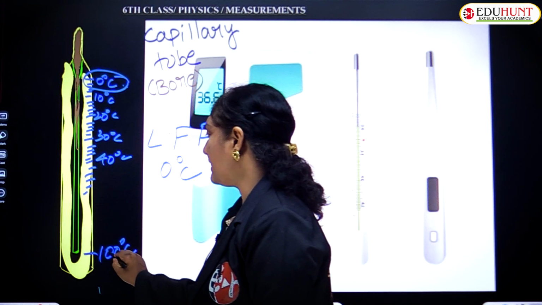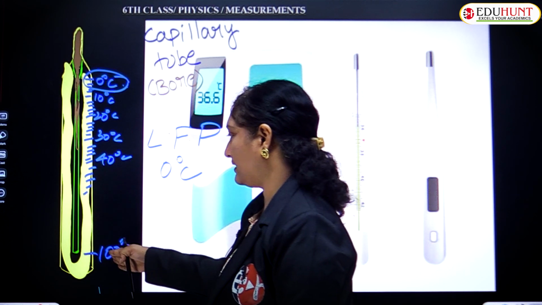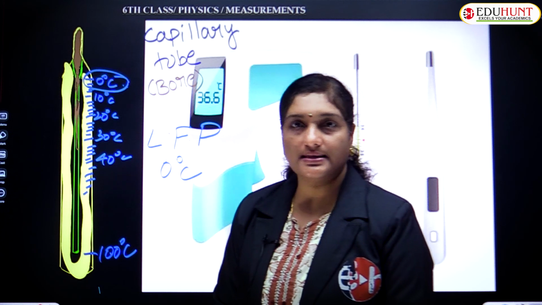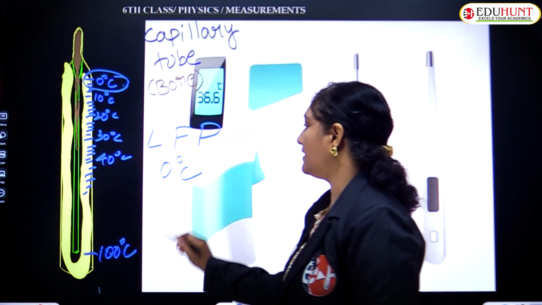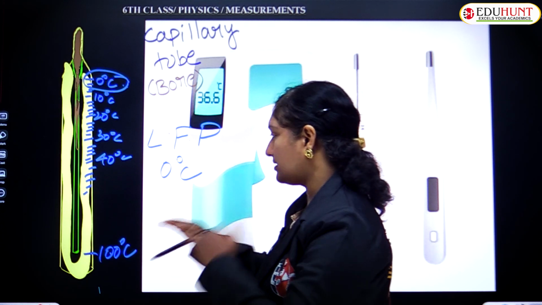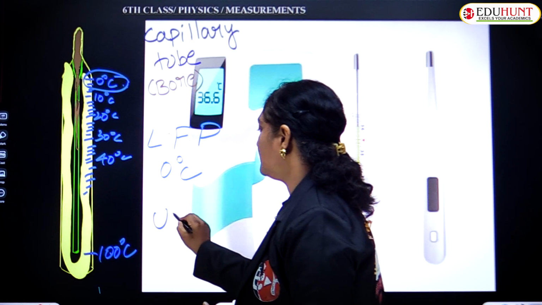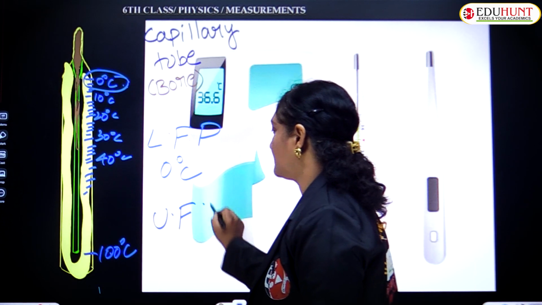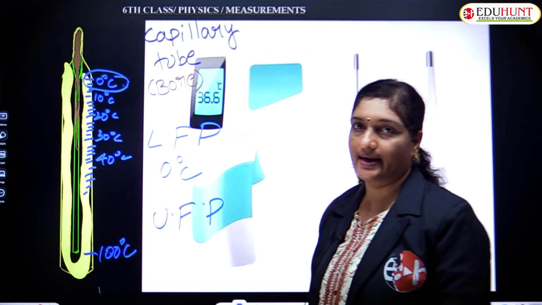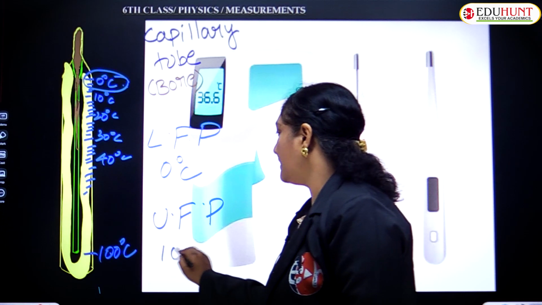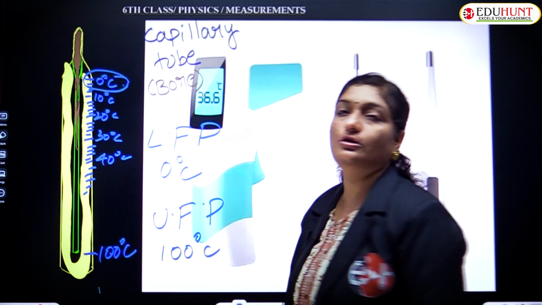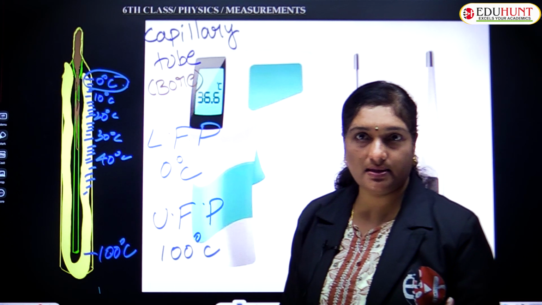Whereas the highest marking here will be 100 degrees Celsius, and this is the last stage, called the upper fixed point or upper standard point, marked at 100 degrees Celsius. Do you know water starts boiling at 100 degrees Celsius?